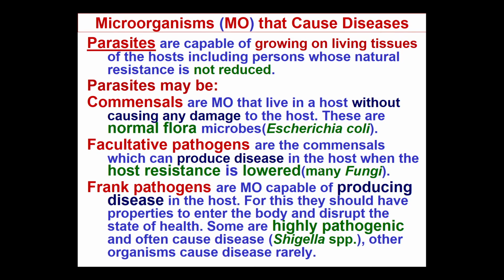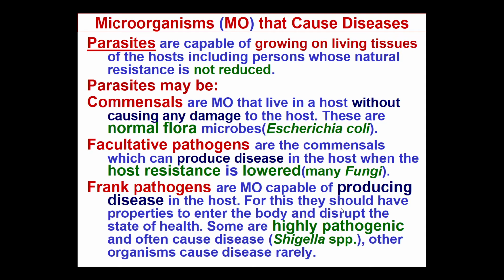Facultative pathogens need lowered host resistance to cause disease. Many fungi have these properties, and we know that these facultative pathogens may cause opportunistic diseases. And the last group, frank pathogens, are microorganisms capable of producing disease in hosts with a normal immune system.